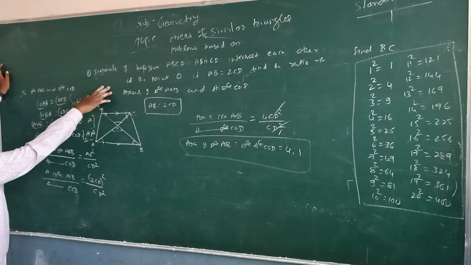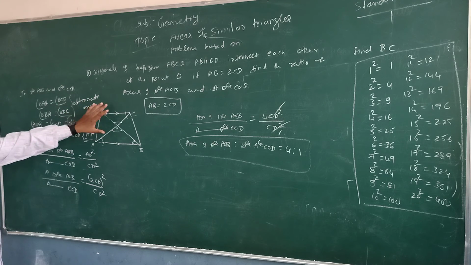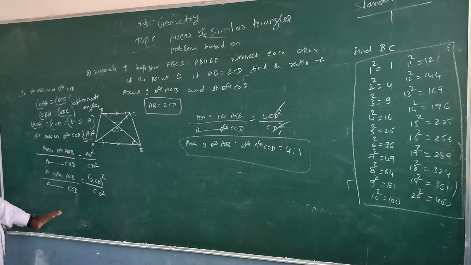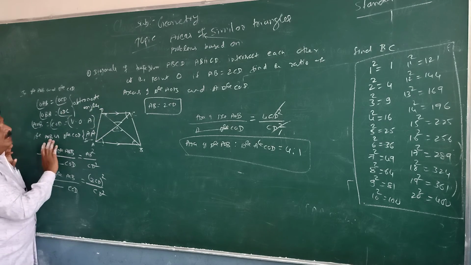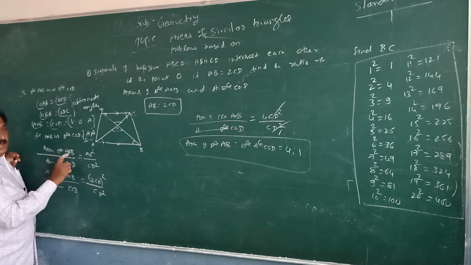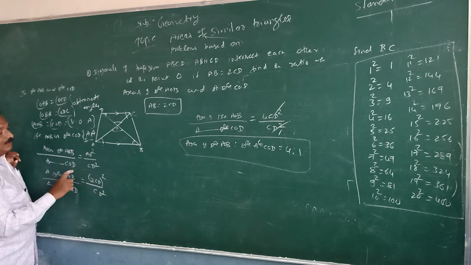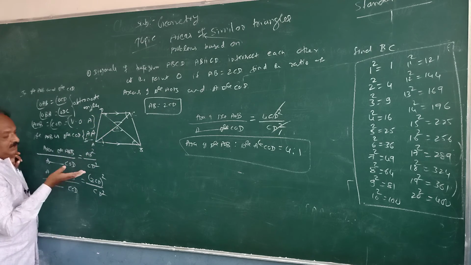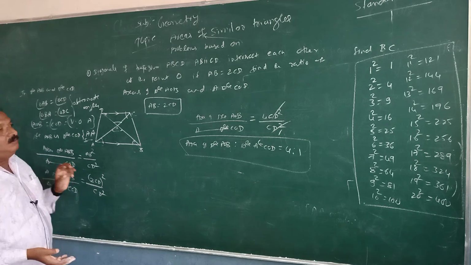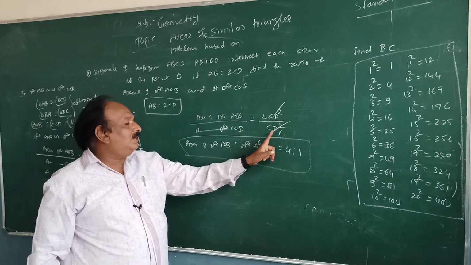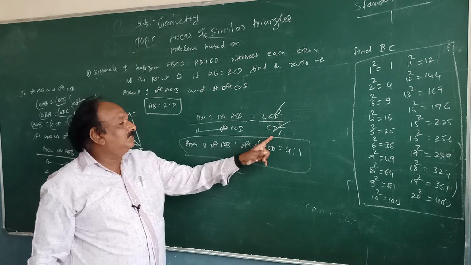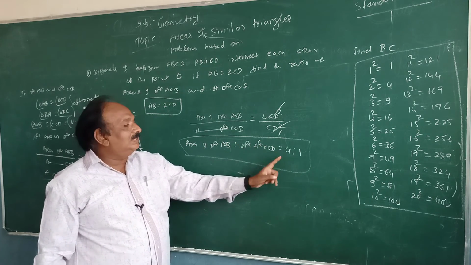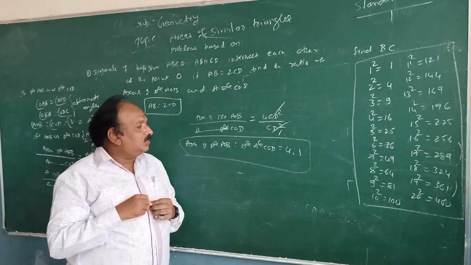Before solving, we must first prove that these two triangles are similar. Then apply the theorem. Area of triangle AOB by area of triangle COD is AB square by CD square. AB is 2CD. 2CD square by CD square, 2 twos are 4CD square by CD square. CD square cancels. Area of triangle AOB is to area of triangle COD is 4:1.